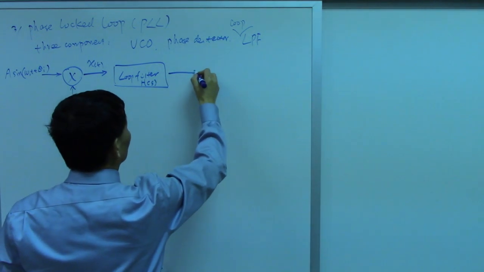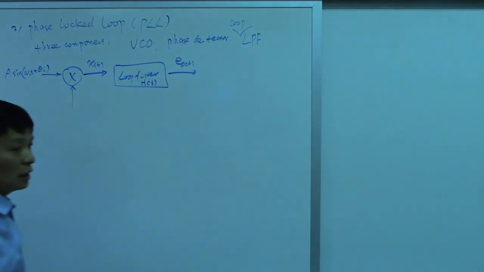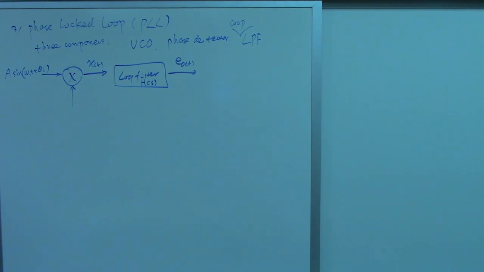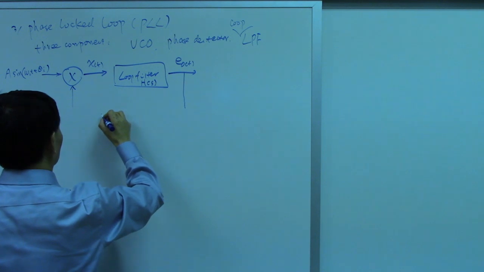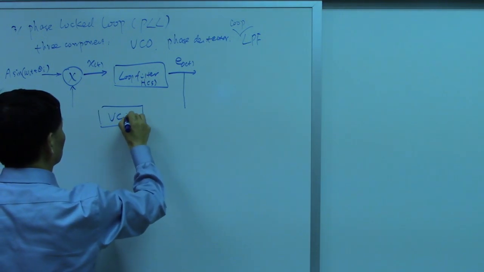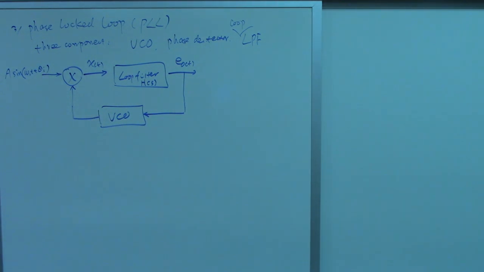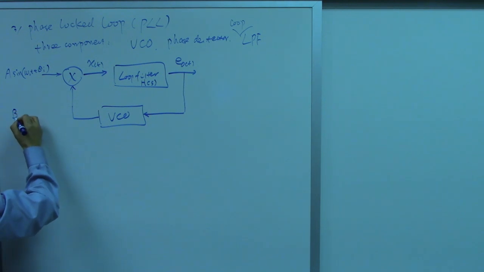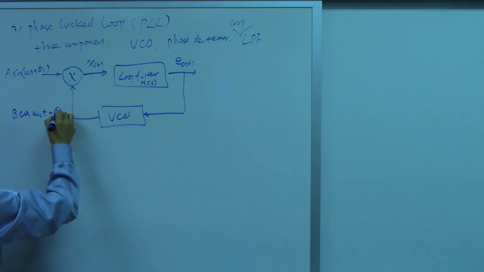Here we get the output of the loop filter, which we write as e sub O. And from here we have the VCO. Because the VCO is an oscillator, it has an oscillating frequency. Suppose the output is B times cosine omega CT plus theta out.